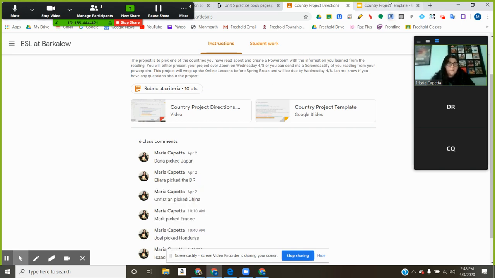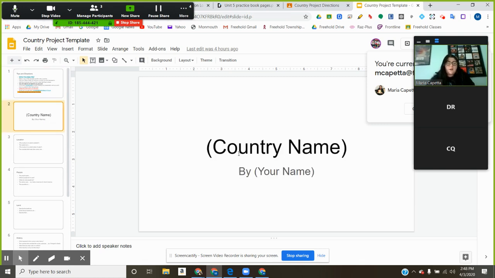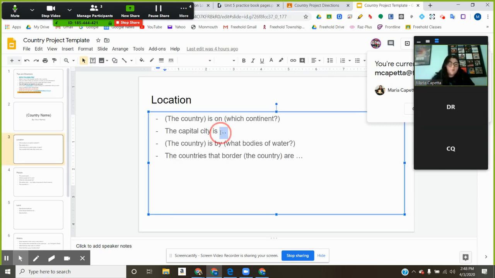All right, cool. So, Dana, it doesn't look like this for you? Does it look like this? Yes or no? Okay, good. Okay, so you see, Dana, how there's all these parentheses and dots. So you just have to get rid of them and you put in your information.